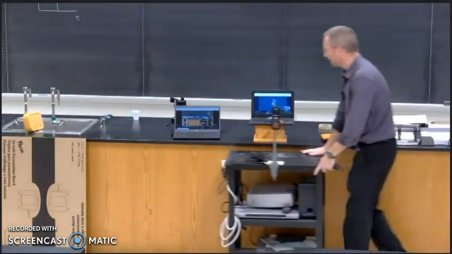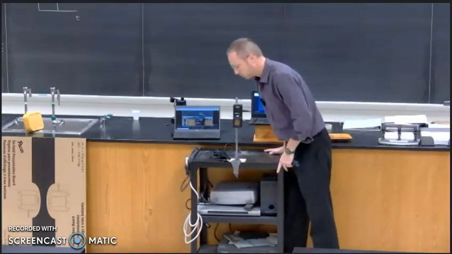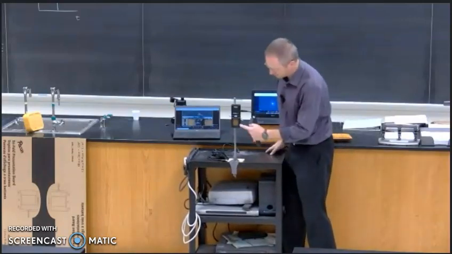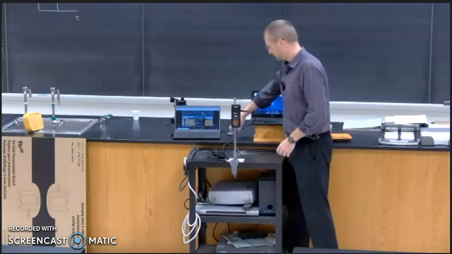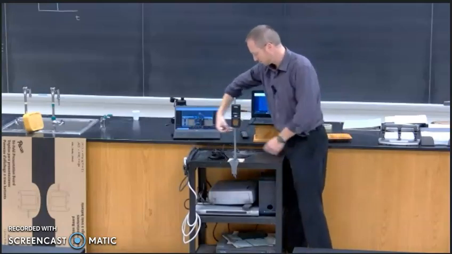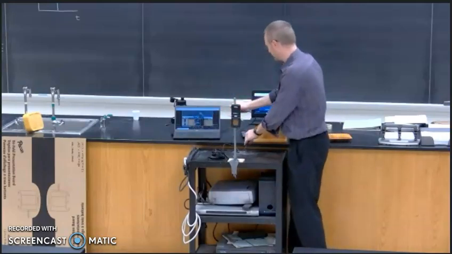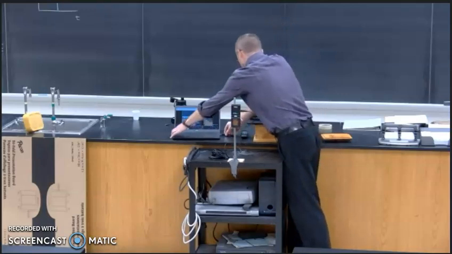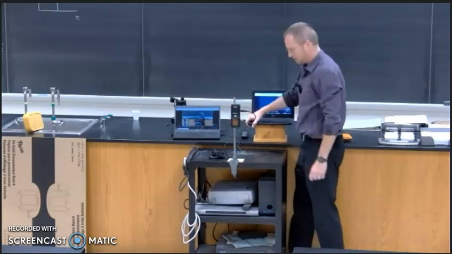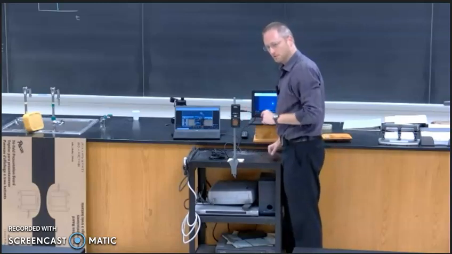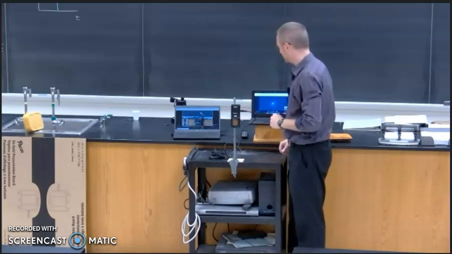We have a sonar device here. This emits sound pulses that are so high-pitched that they sound like clicks to our ears. And they will then bounce off of whatever they hit.